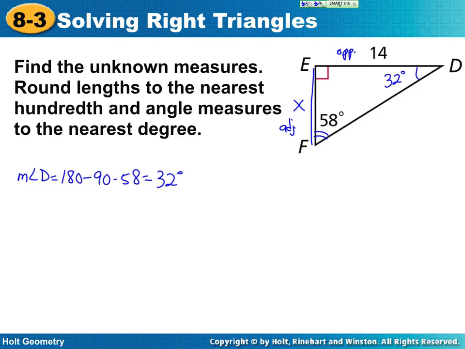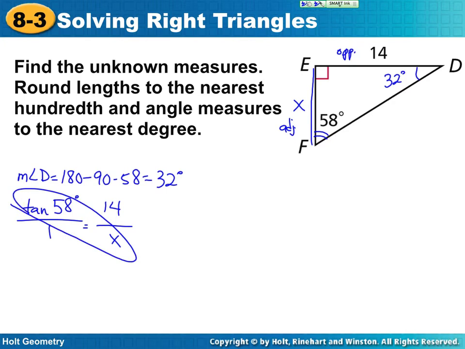Okay, Grant, are you with me on that? Yes. Does that make sense? Okay, because that's what we did on Friday. So we just figured out it's tangent of the 58-degree angle over 1. Opposite is 14, adjacent is x, and we cross multiply to solve.